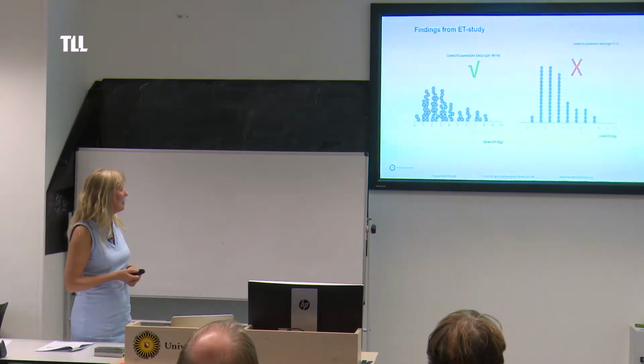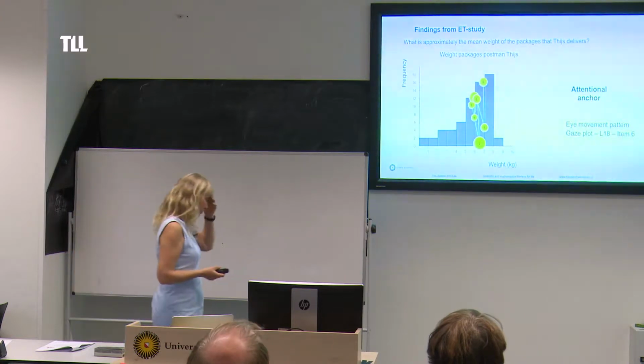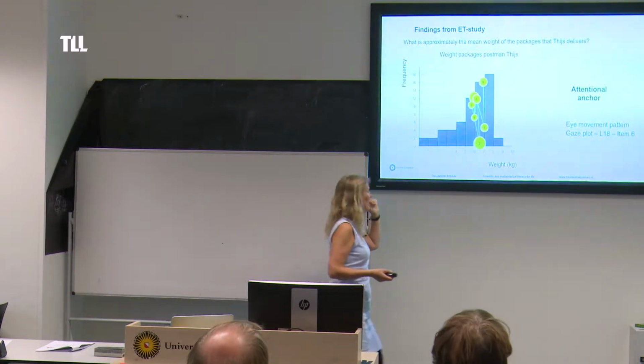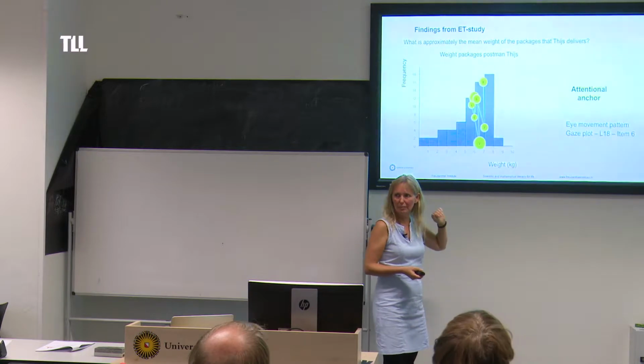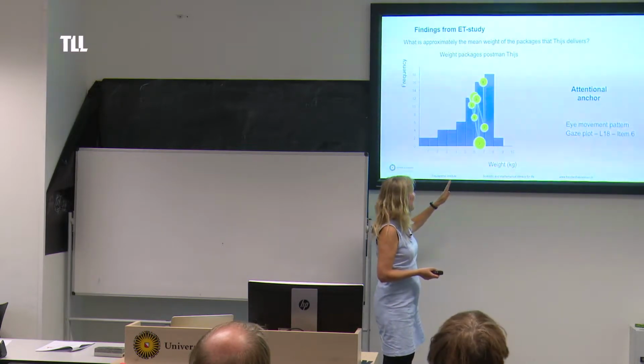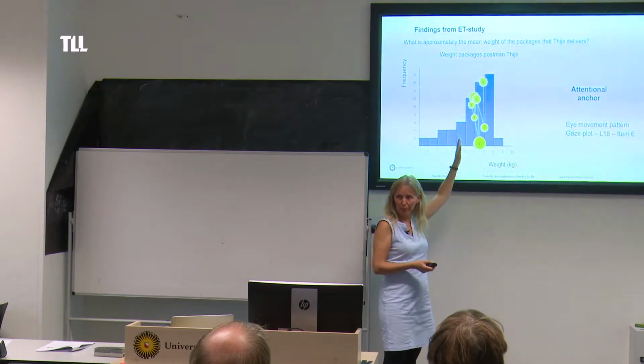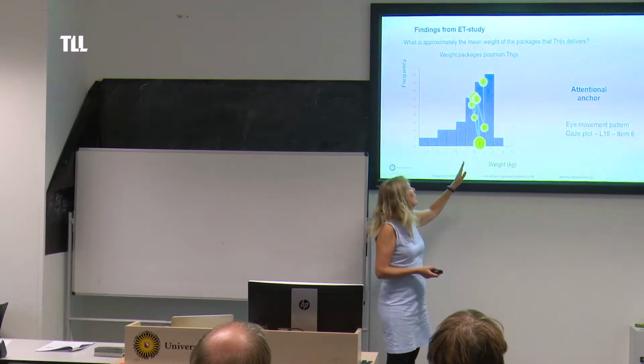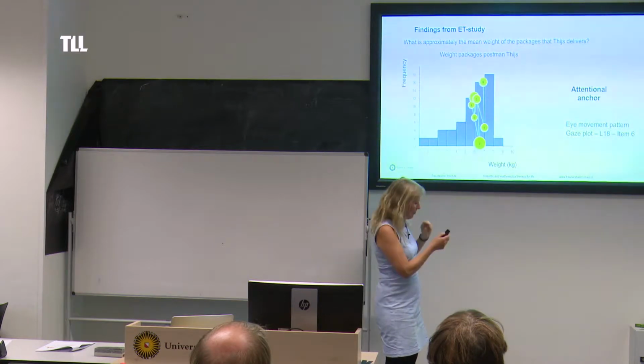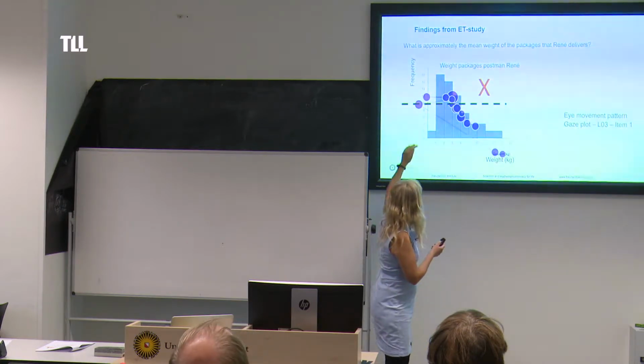Okay, so attentional anchor. What we saw in the eye tracking data of a lot of students is that their eyes move up and forward, and maybe this one is even clearer.